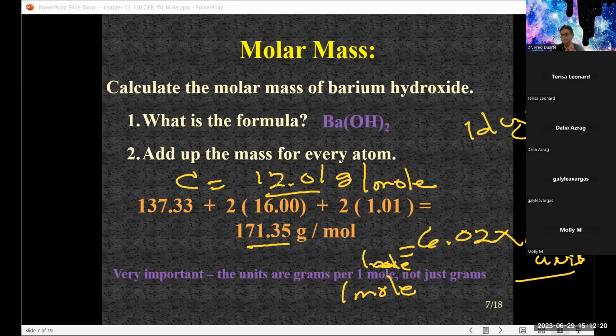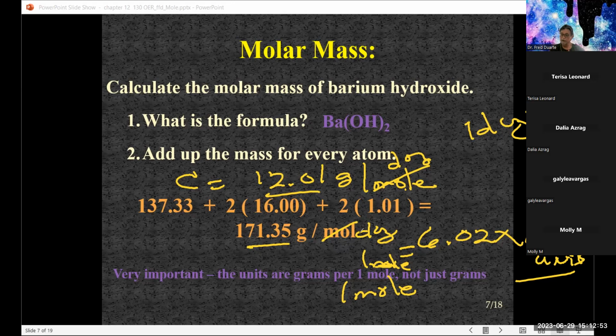You all see that? If I replace that mole with a dozen, and I replace this with a dozen, again, if I weigh out 12.01 grams of carbon, I have 12 atoms of carbon. If I weigh out 171.35 grams of barium hydroxide, I get 12 units of barium hydroxide, if the units were grams per dozen.